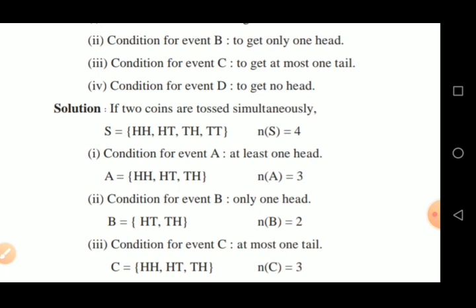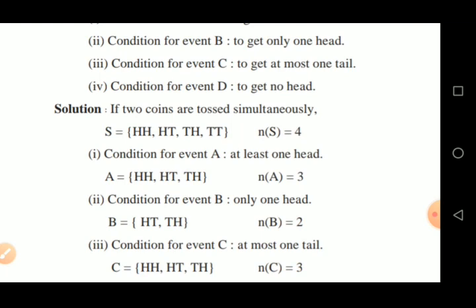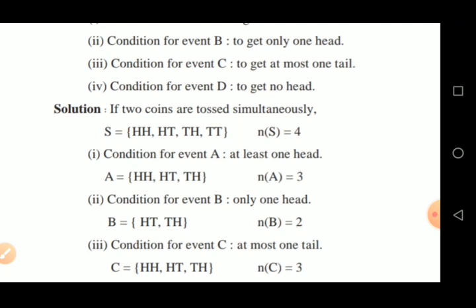That's why this outcome satisfies the condition. HH, 0 tails are there. HT, maximum one tail is there. TH, maximum one tail is there. That means these three satisfy the given condition, at most one tail. n(C) = 3.